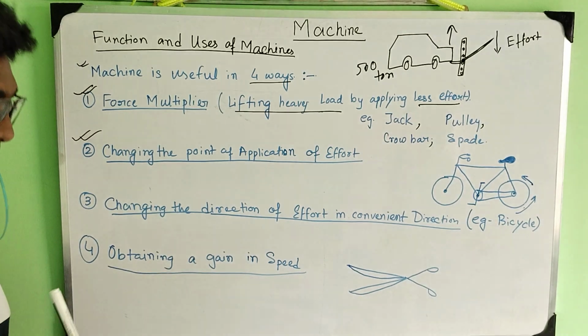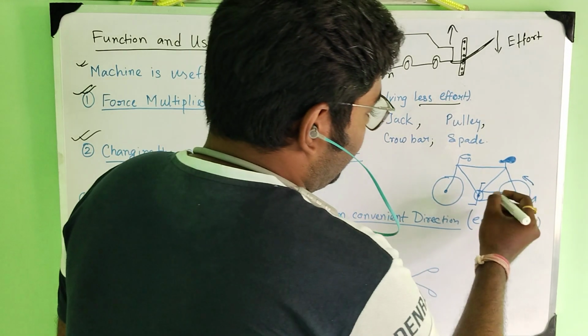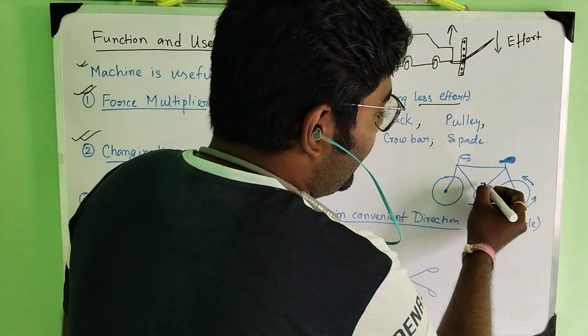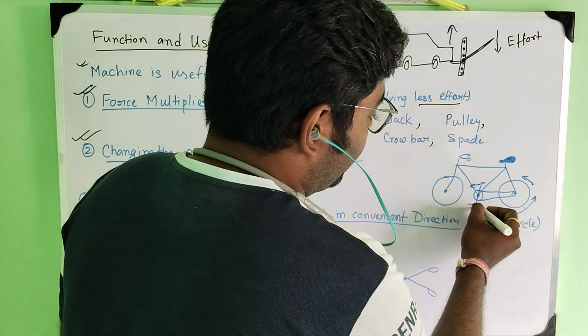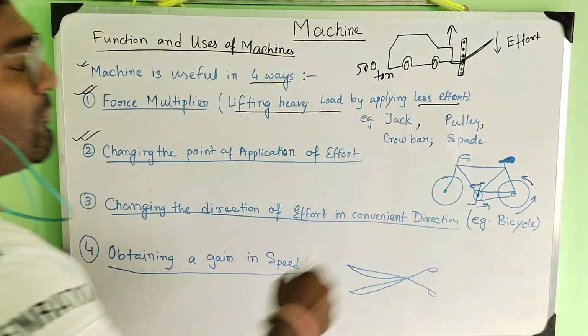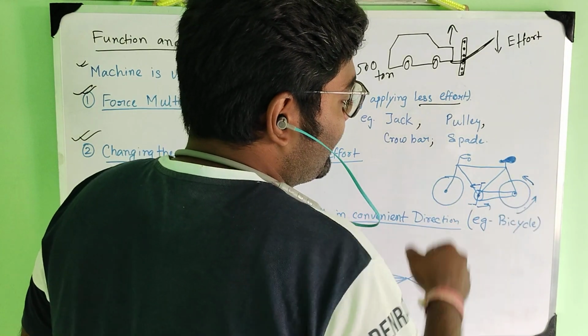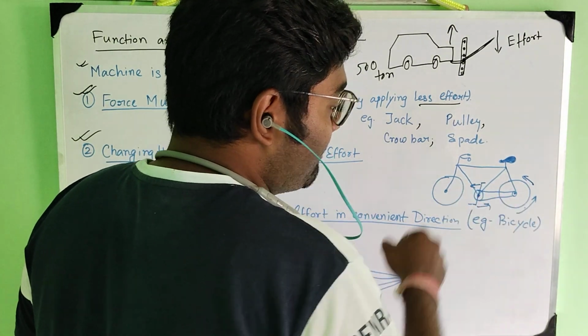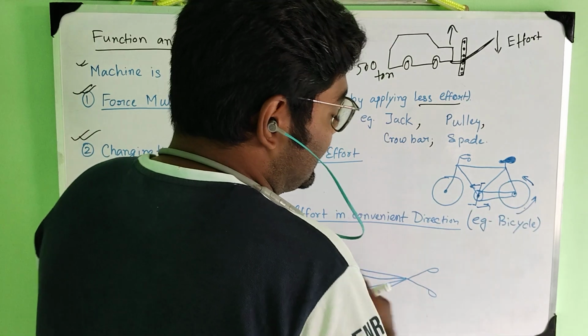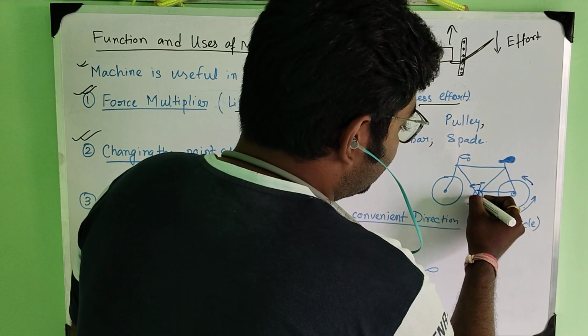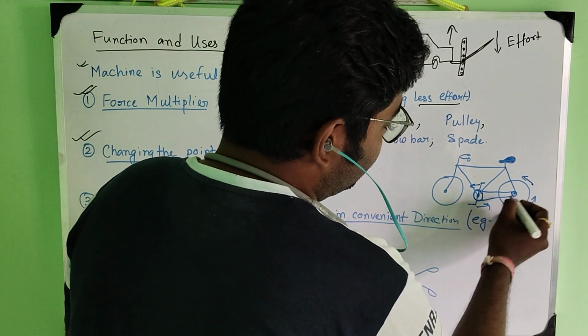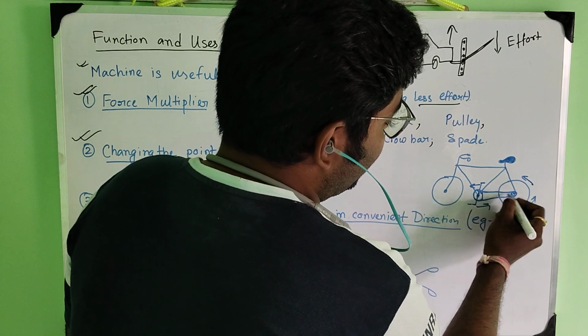We are rotating the rear wheel, but we are giving the effort on the pedal, not on the rear wheel. This is the spiked wheel, and this is the rear wheel, which is also a spiked wheel, and there is a chain here.